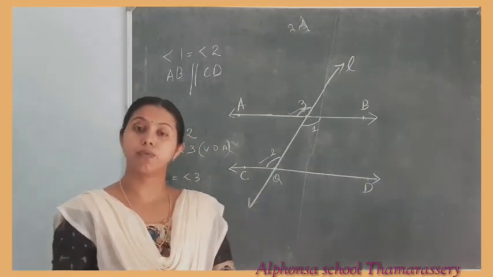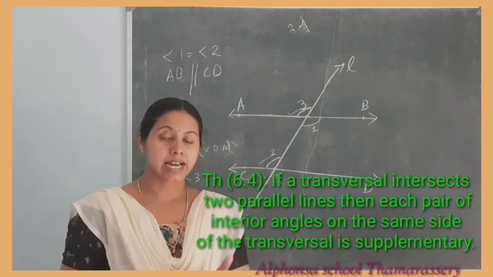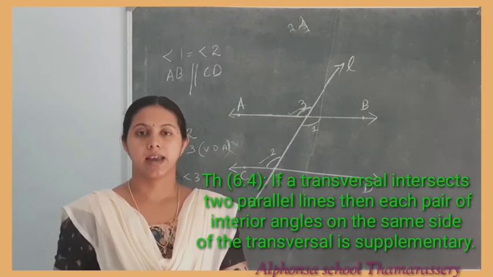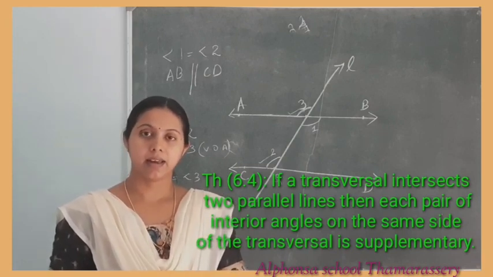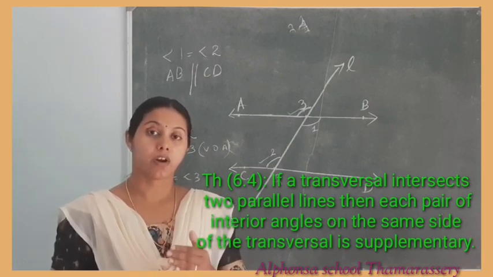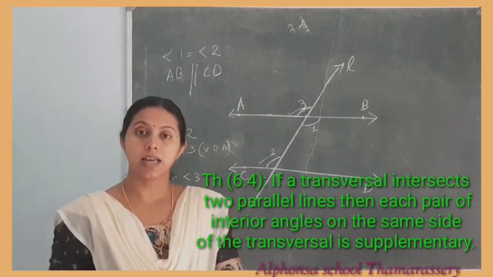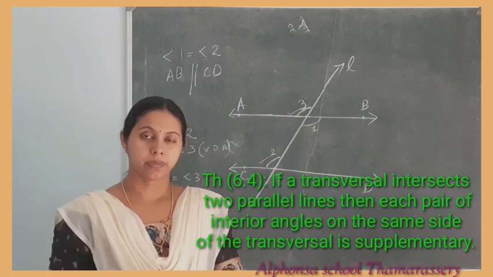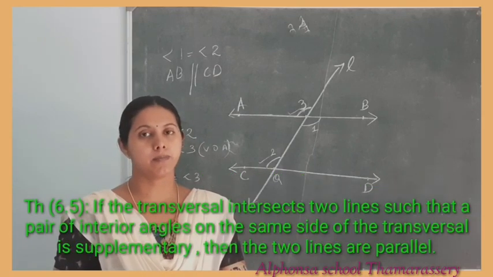Similarly, you can prove the other statement also. That means if a transversal intersects two parallel lines, then each pair of interior angles on the same side of the transversal are supplementary. The same way, the converse of that statement also we are able to prove.